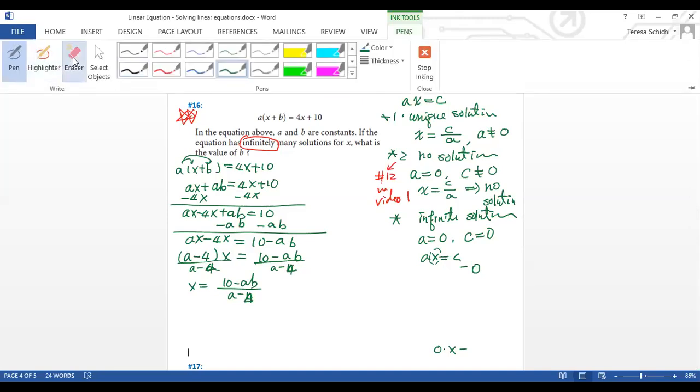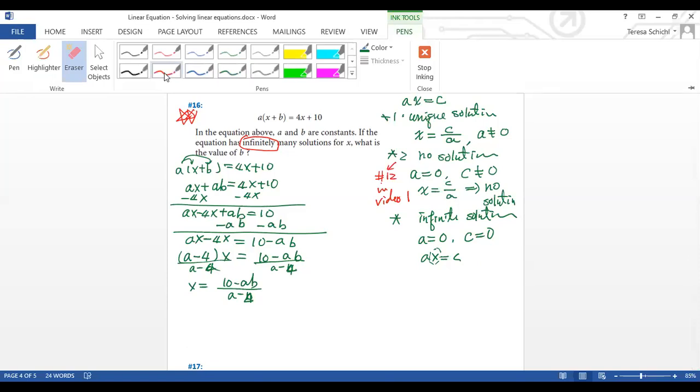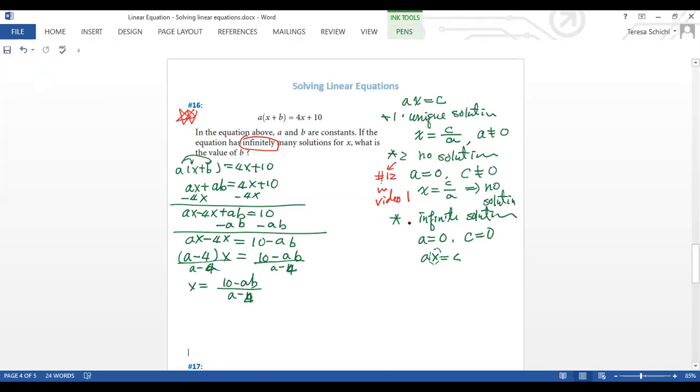Now in here they say this is infinite solutions, right? So if infinite solutions, that means whatever this item is, it needs to be equal to 0, and this item needs to be equal to 0 as well.